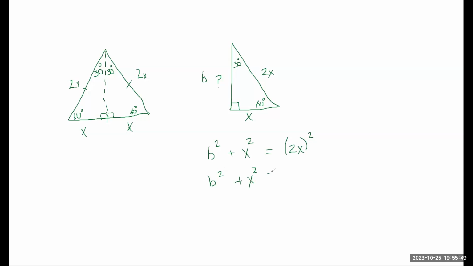My hypotenuse squared is 4x squared. I'm going to subtract an x squared from both sides. If I have 4x squared and I subtract an x squared, that leaves me 3x squared.